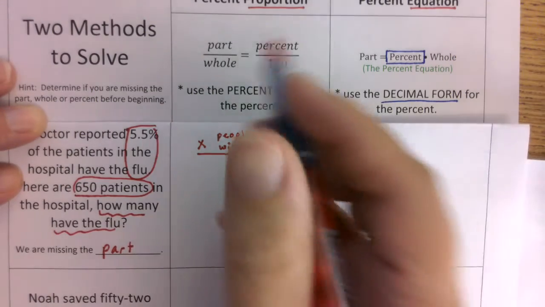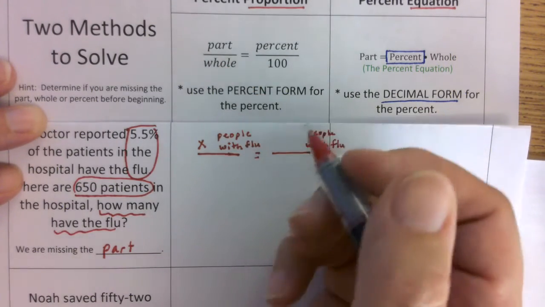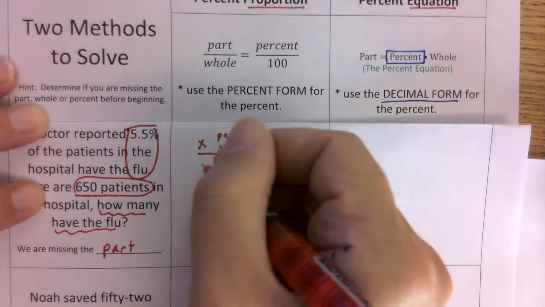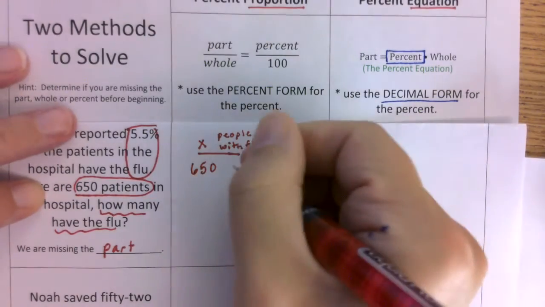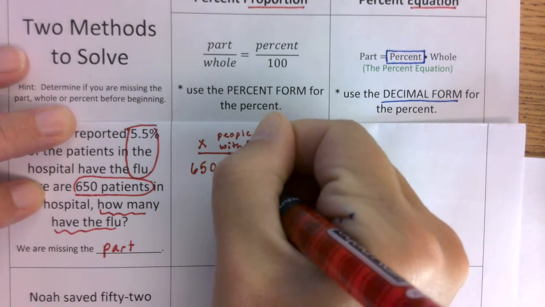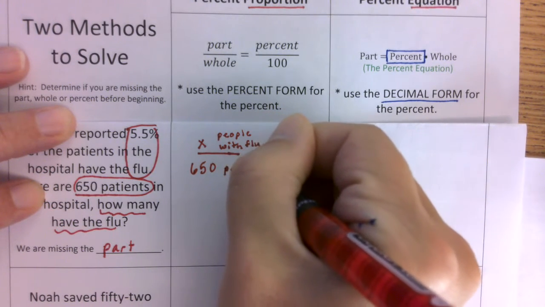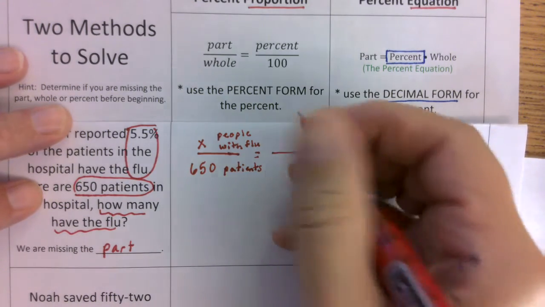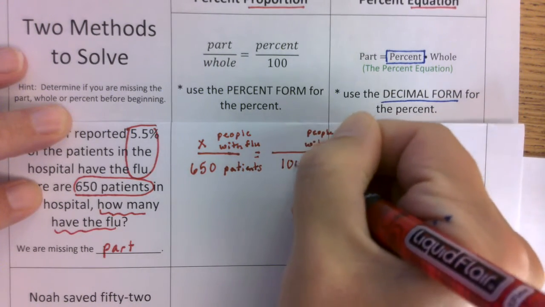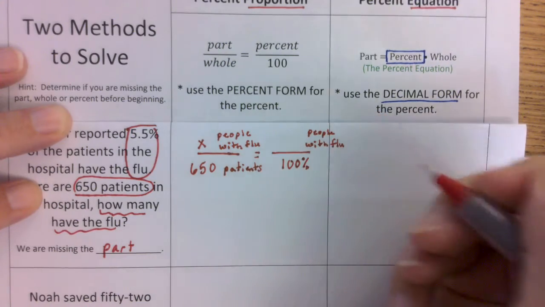Now, on the bottom, I'm talking about the whole amount. So the whole amount was 650 total patients. So 650 patients. And then the number that always goes down here is 100 because it's always standing for 100%.